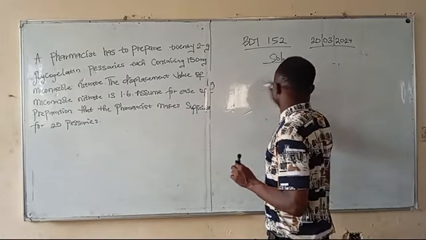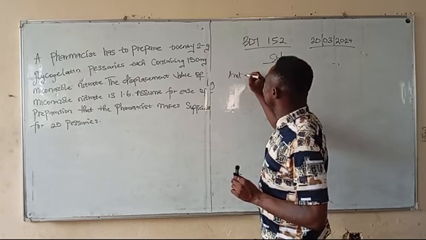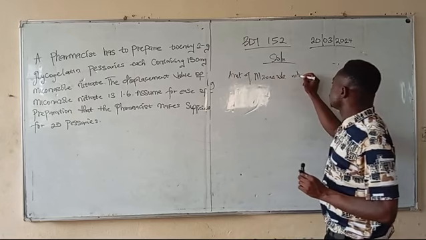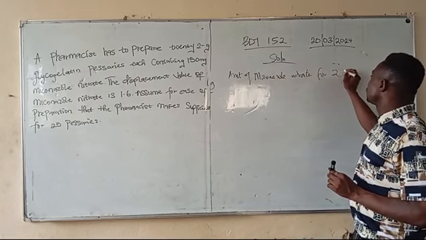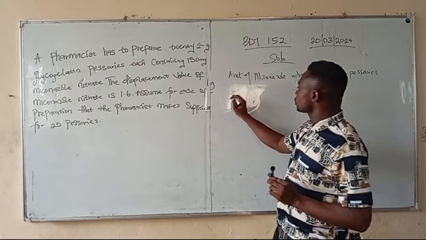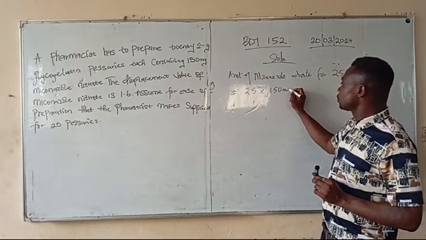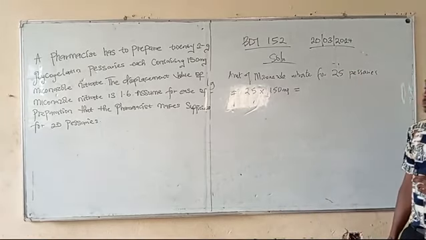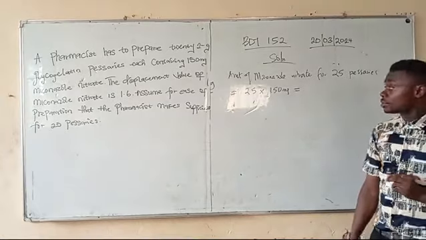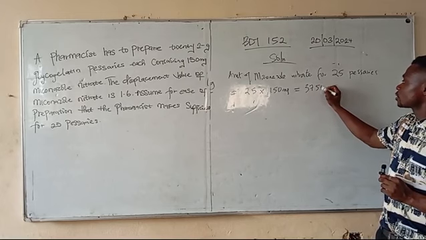So the amount of miconazole nitrate for 25 pessaries is equal to what? 25 times 150 milligram is equal to what? 3,750 milligram.